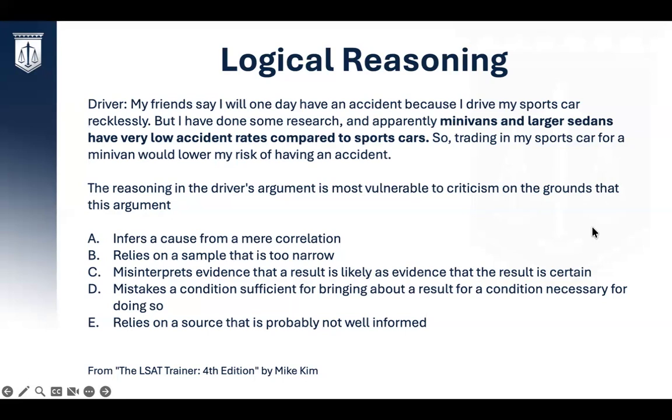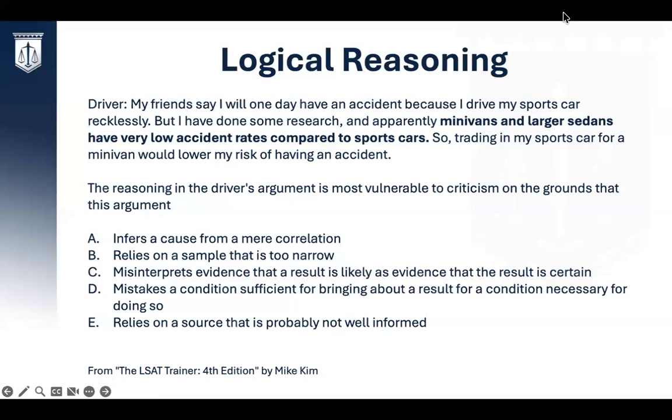Okay? On C, misinterprets evidence that a result is likely as evidence that the result is certain. Okay, so that kind of actually infers a cause from mere correlation, right? It's sort of the definition of it. It sounds really important.